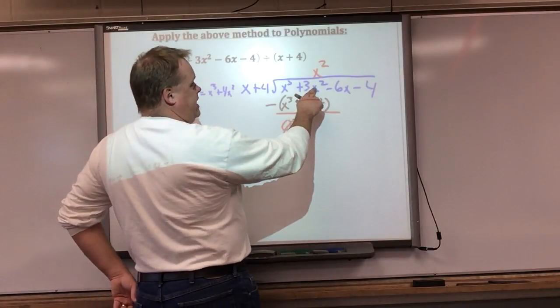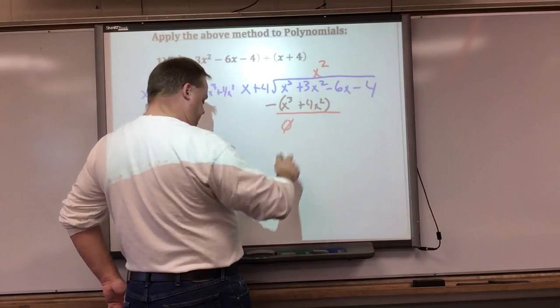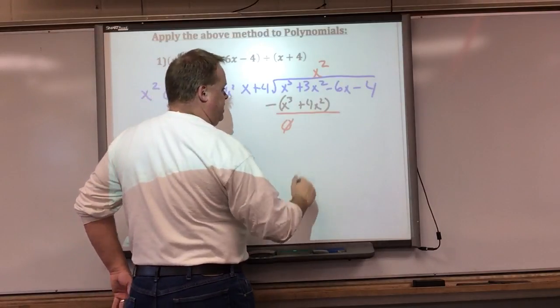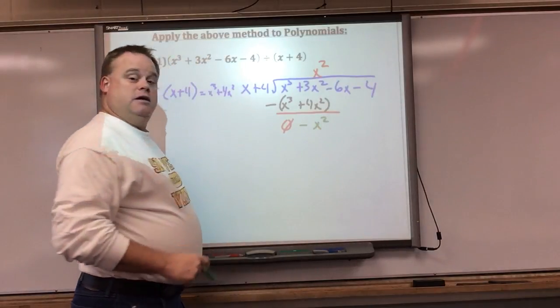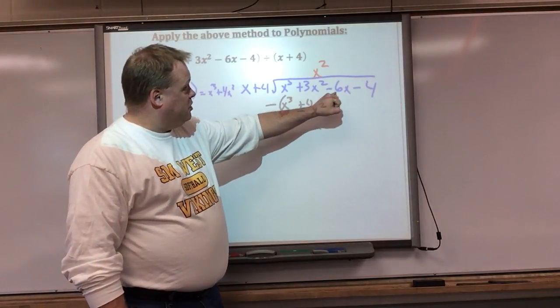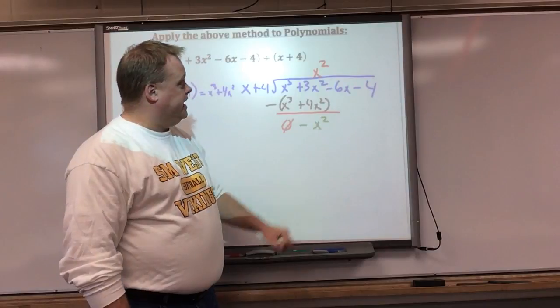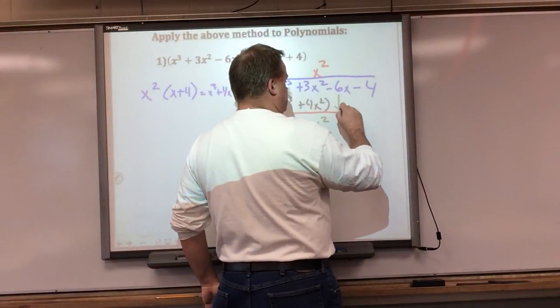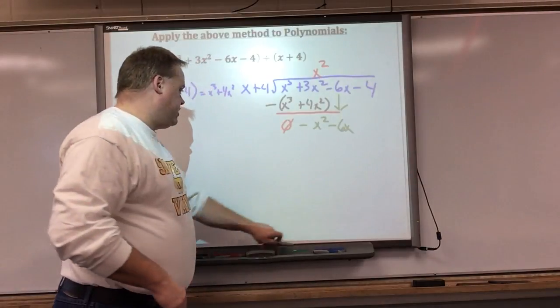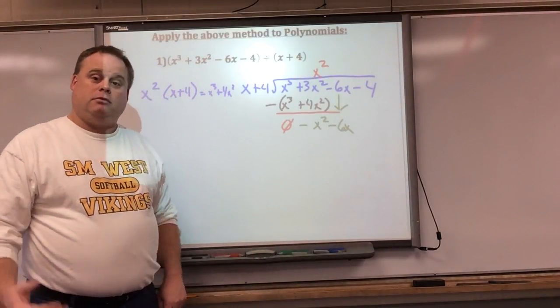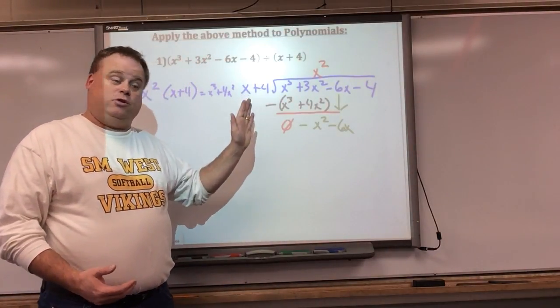Next, 3x squared minus 4x squared. Well, that's going to give me a negative x squared. The next step is I'm going to bring down the negative 6x. So the negative 6x comes down. Well, what do you think we're going to do here? We're going to keep doing what we're doing.